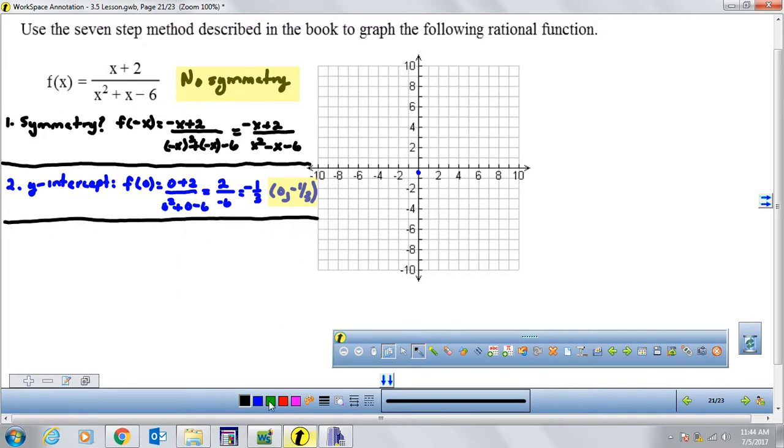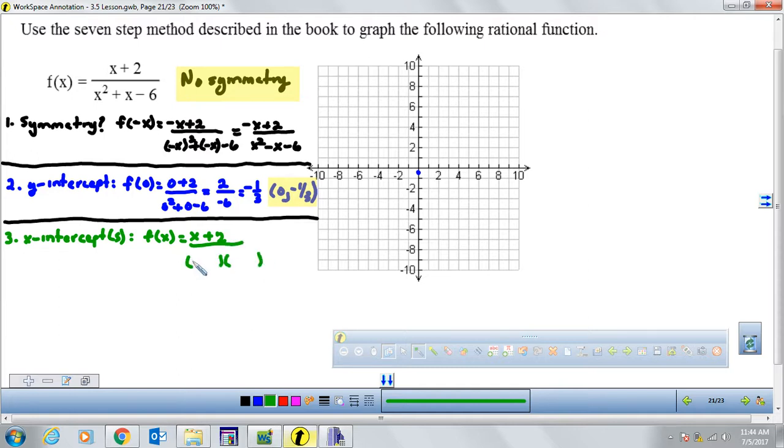Before we can answer question number 3, remember what we have to do. We need to find the x-intercepts. For this step 3, we need to check if this function can be reduced. So we need to factor it first. The numerator cannot be factored, but the denominator can.